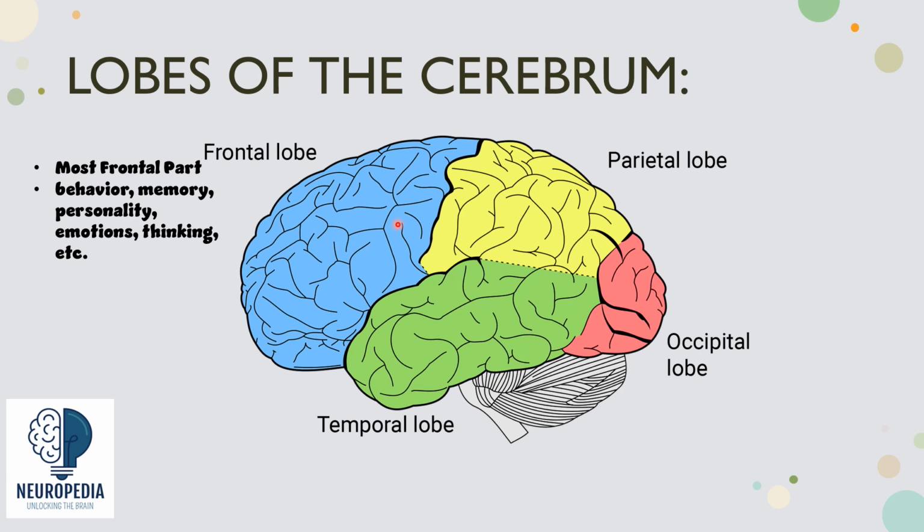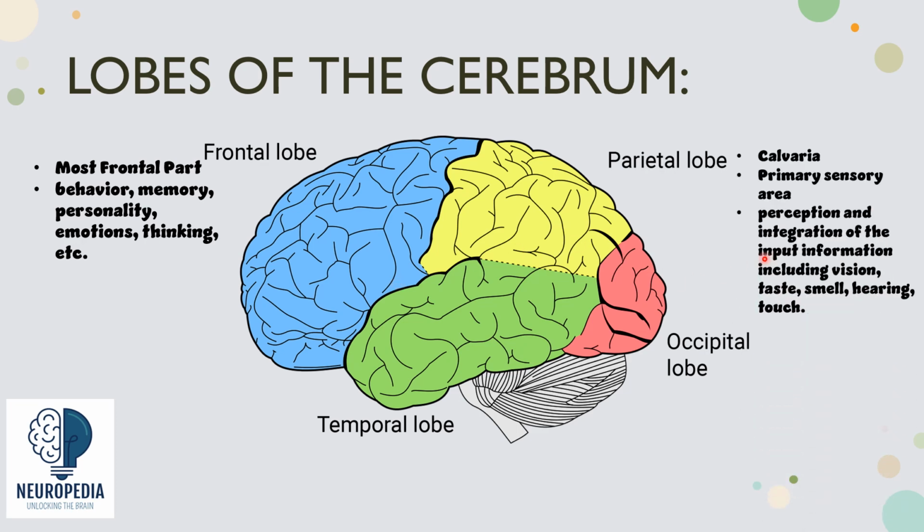The frontal lobe is the most anterior part of the cerebrum, located beneath the frontal bone of the calvaria. The functions of the frontal lobe involve behavior, memory, personality, emotion, thinking, and reasoning, etc. The central sulcus separates the frontal lobe from the parietal lobe, and the lateral sulcus separates the frontal lobe from the temporal lobe.